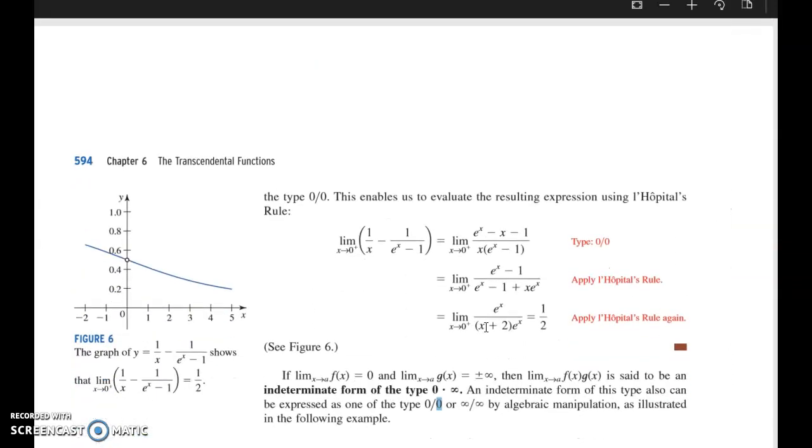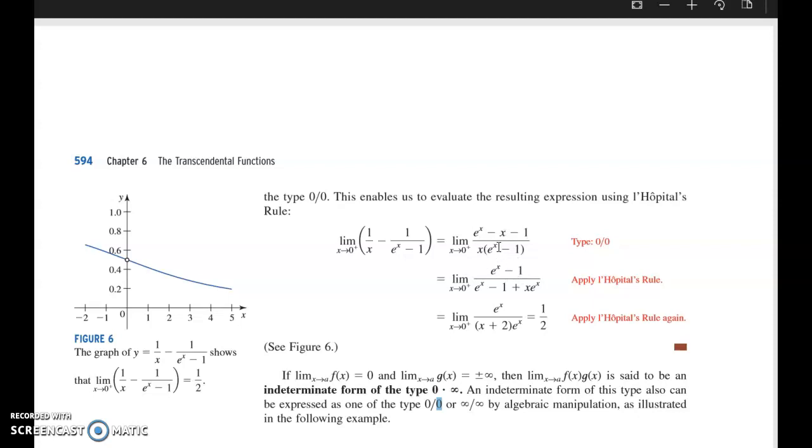Here, look at this problem: limit x tending to 0 plus 1 by x minus 1 by e raised to x minus 1. This is equal to limit x tending to 0 plus, e raised to x minus 1 is the common term, so this is e raised to x minus 1 minus x, over x into e raised to x minus 1.